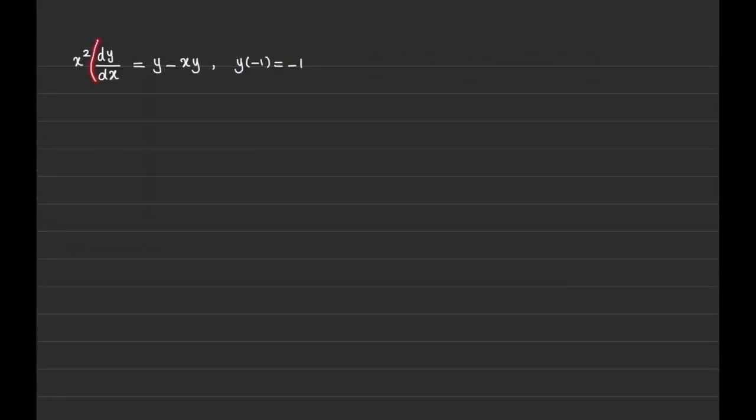Here again, we have a first-order differential equation, but now we have a boundary condition, so we need to find the constant of integration here. We can factor the right-hand side and rewrite the differential equation, and divide both sides by 1 minus x.